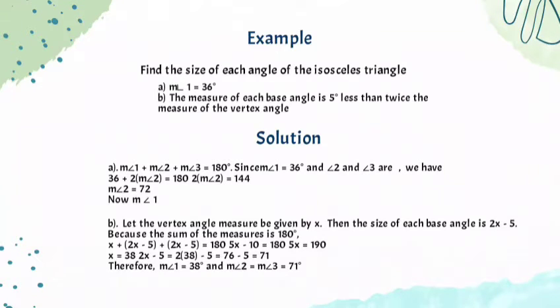So x plus (2x minus 5) plus (2x minus 5) equals 180. 5x minus 10 equals 180. 5x equals 190. x equals 38. 2x minus 5 equals 2 times 38 minus 5, equals 76 minus 5, which equals 71. Therefore, the measure of angle 1 equals 38 degrees, and the measure of angle 2 equals the measure of angle 3, which equals 71 degrees.